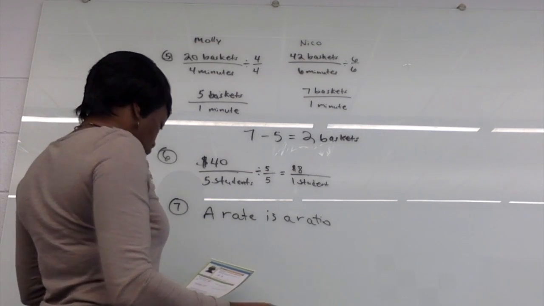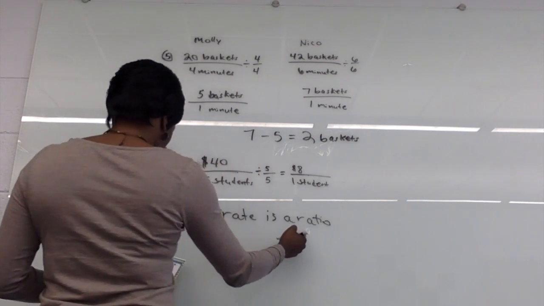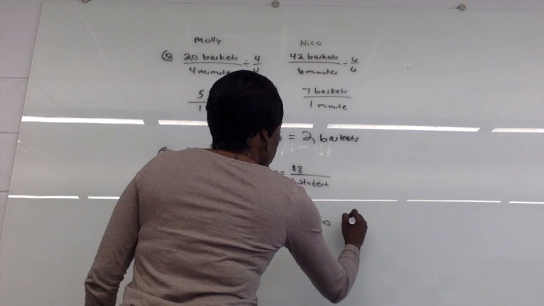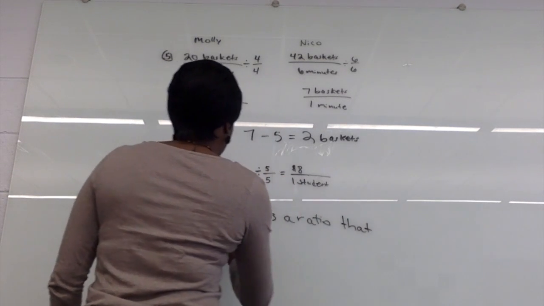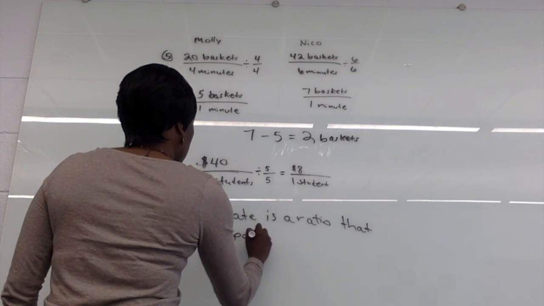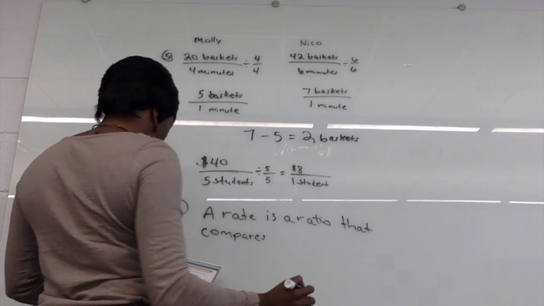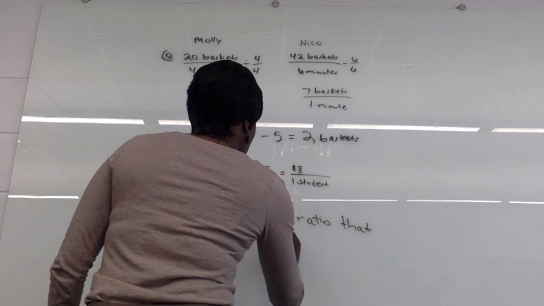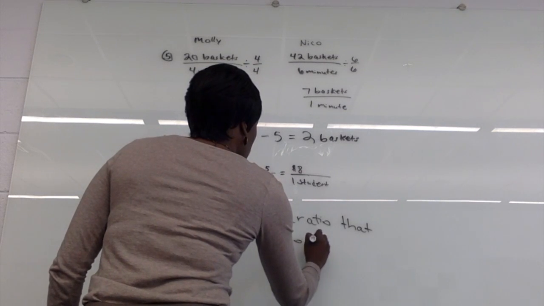So for number 7, this is what you want to write. A rate is a ratio that compares two quantities. And this is part of your definition.